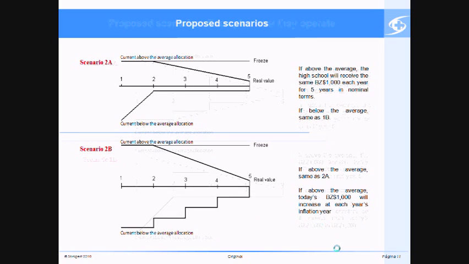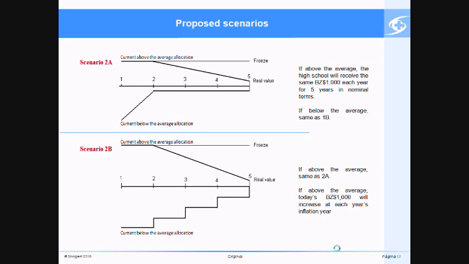The second set of scenarios provide a different avenue to achieve the objective. In scenario 2A, you note that for the above average school, their current allocation would be frozen at the current per student rate that they're getting, while the below average school would be given an immediate boost of its current allocation to the new allocation.